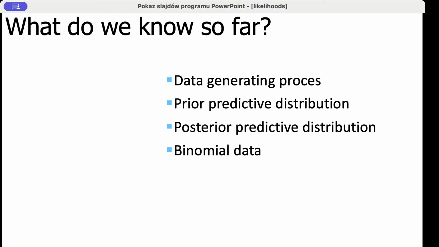We discussed two tools that we'll be using more during our course, which are prior and posterior predictive distribution, with the second one being also called in literature retrodictive distribution.